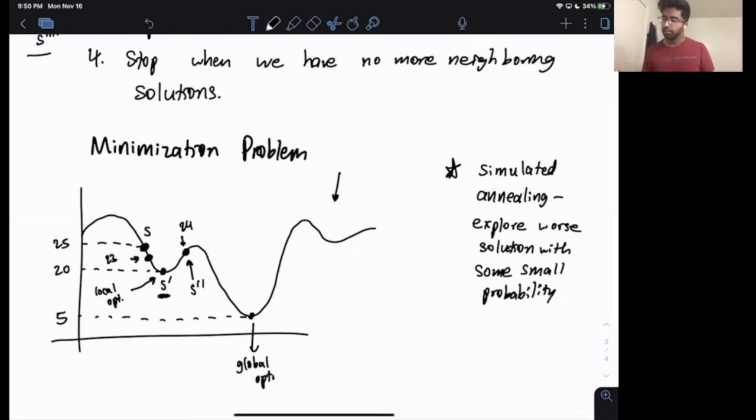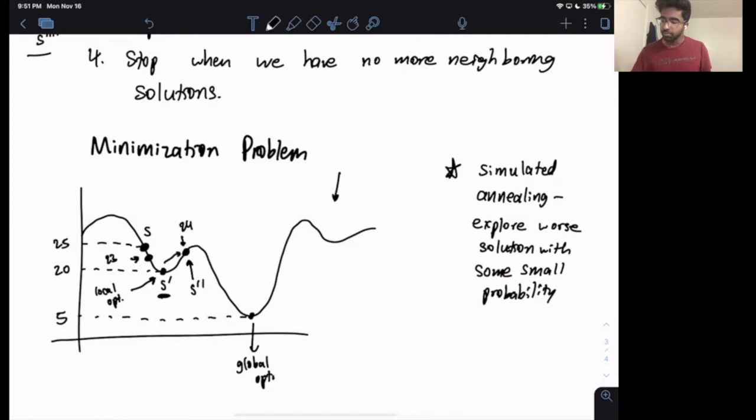And that probability can be arbitrary. I think the textbook uses some sort of exponential probability, which might be a good systematic value. But the general intuition is that we explore a worse solution with some probability, let's say 10%. There's a 10% probability we go from S prime to S double prime.